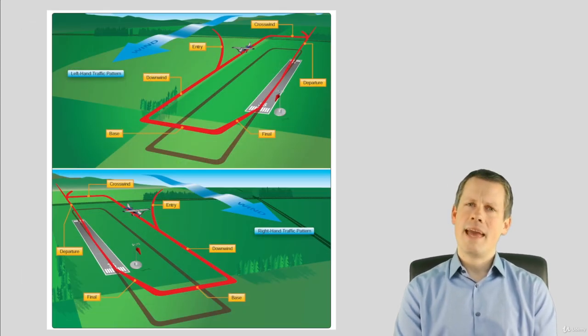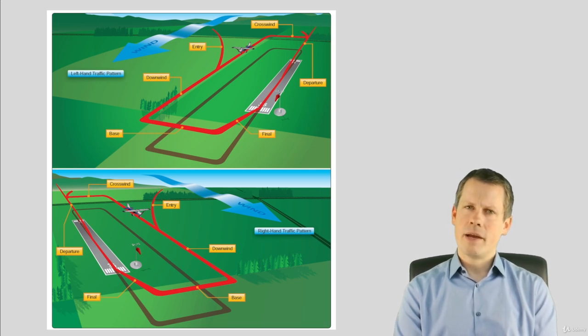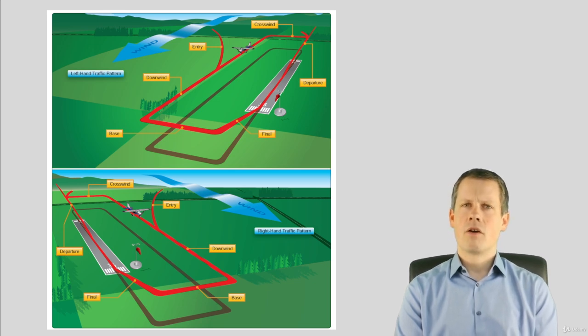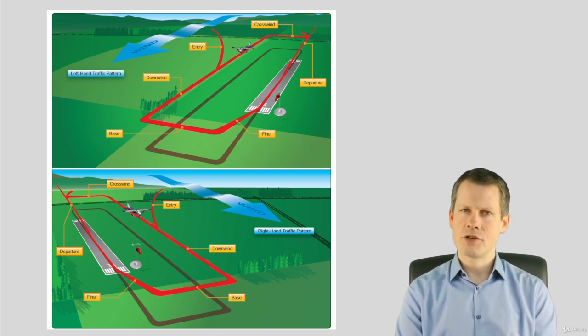Now let's look at the layout of a traffic pattern. The legs of the traffic pattern are called upwind or departure leg, actually the same, crosswind, downwind, base, and final. Now, some of these legs refer to the wind condition. For example, the downwind is flown parallel to the runway in the opposite landing direction.